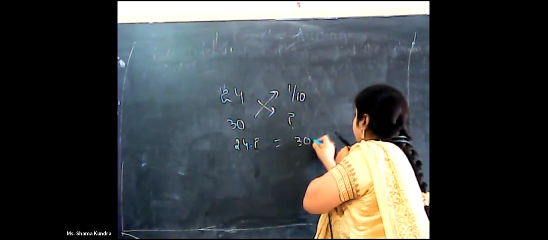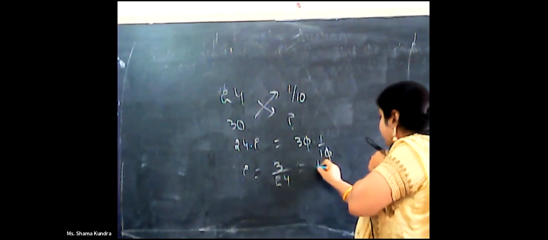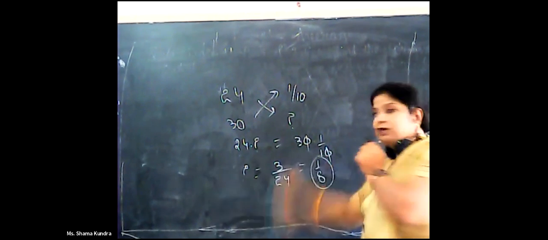Simply cross multiply. You will get 24 into question mark equals 30 into 1 by 10. Here 0 will be cancelled out and question mark will be 3 upon 24. On cutting you will get 1 by 8. See how easy it was. 30 men, this is one day work.